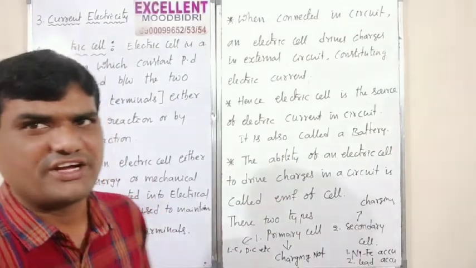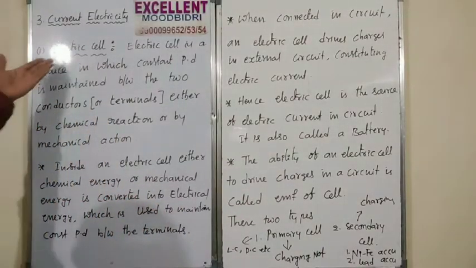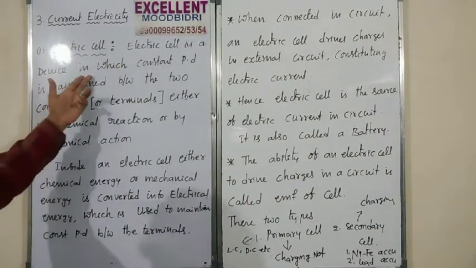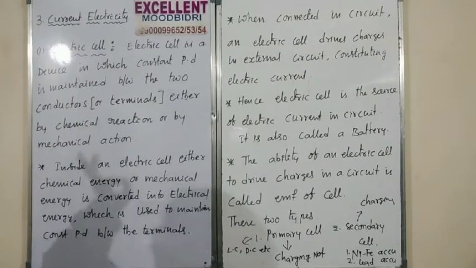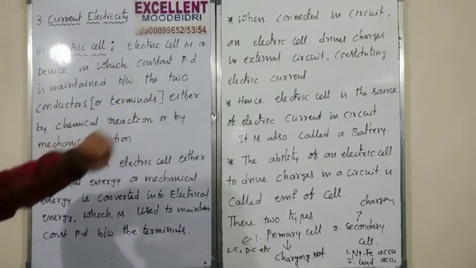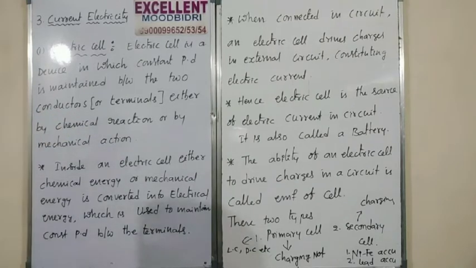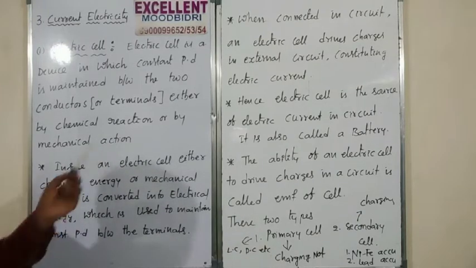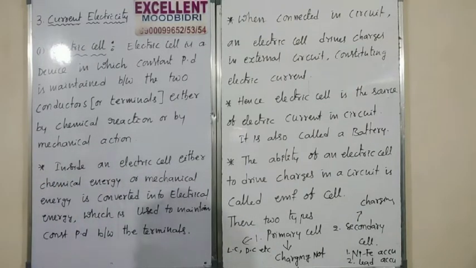A cell is a device. An electric cell is the device in which a constant potential difference is maintained between the two conductors, meaning two terminals, either by chemical reaction or mechanical reaction.